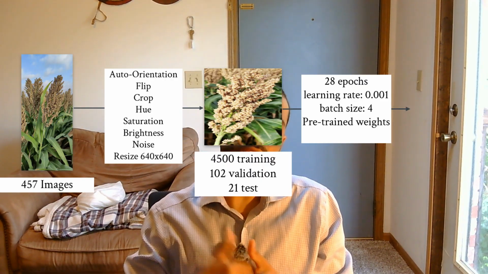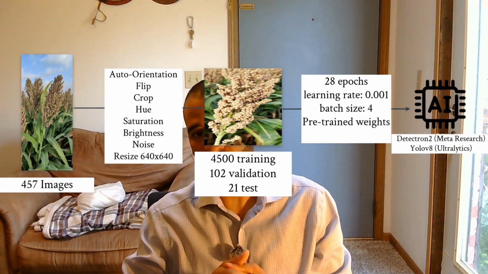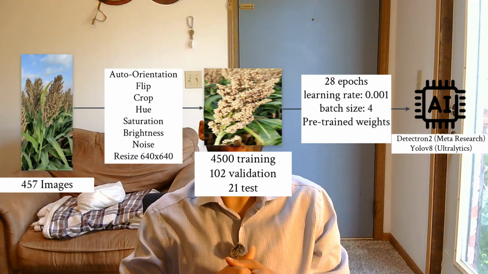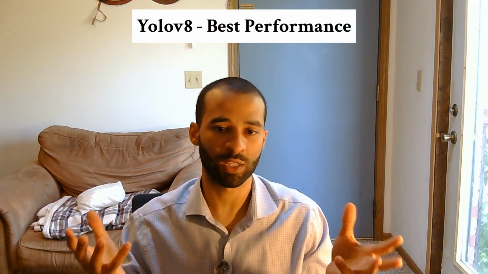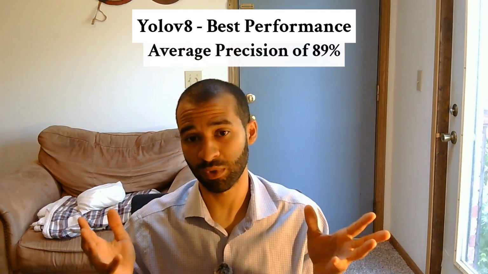We input all this into two frameworks, Detectron2 from Meta Research and YOLOv8 from Ultralytics. In the end of our experiment, YOLOv8 achieved the best performance, with an average precision of 89%.